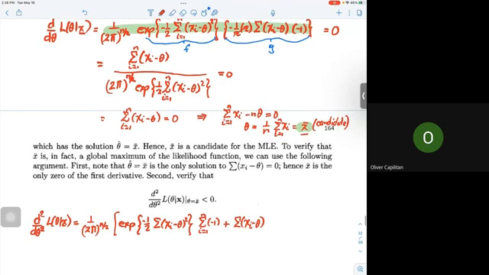Then after that, you're going to take the derivative of f. So we have exponential of negative 1/2, the summation of x sub i minus theta quantity squared. Yan. And then multiply by, dito na sa baba na lang, no? Kasi kulang siya.